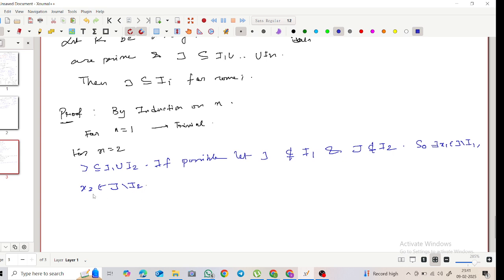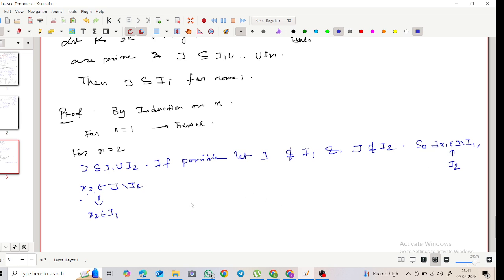Now see, x2 is in J, which is in I1 union I2. So if x2 is not in I2, x2 has to be in I1. Thus x2 has to be in I1, and similarly x1 has to be in I2.